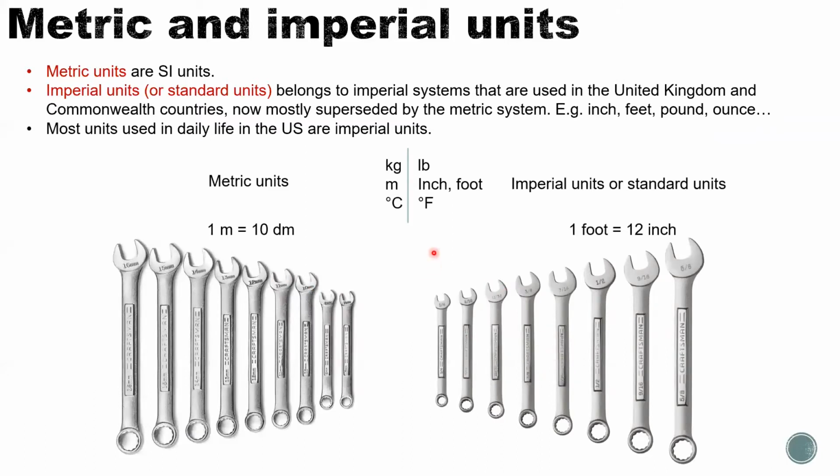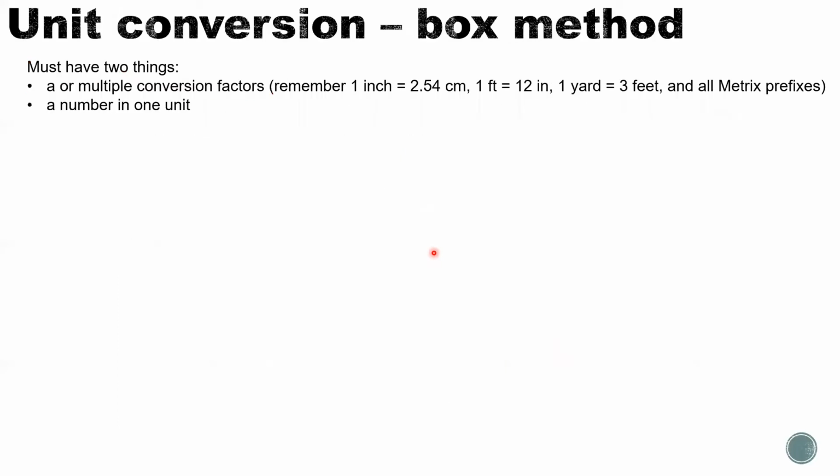Since we have different units, let's say the metric unit for length and the standard unit for length, both of them still refer to a certain amount of length. So we can do unit conversion to convert a value in one unit to a value in another.